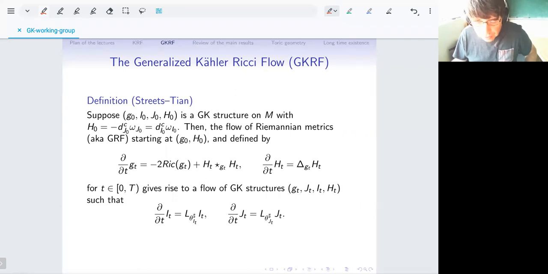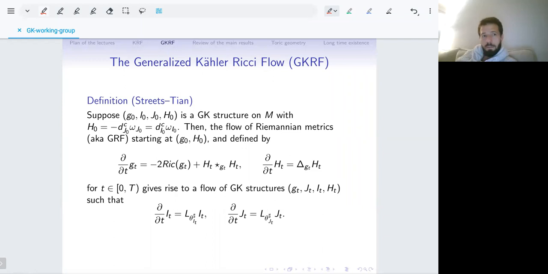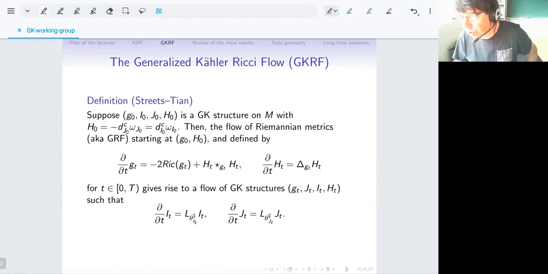So the first is essentially as the Ricci flow, but you add this two-tensor, which is just the contraction of two arguments of H through the metric. And H itself just satisfies a heat equation, a linear equation. So that was what this working group is about.